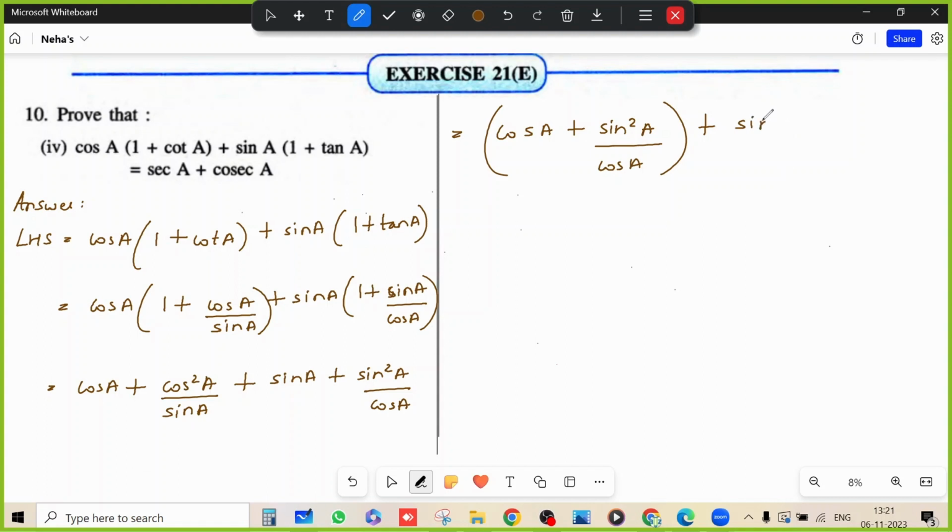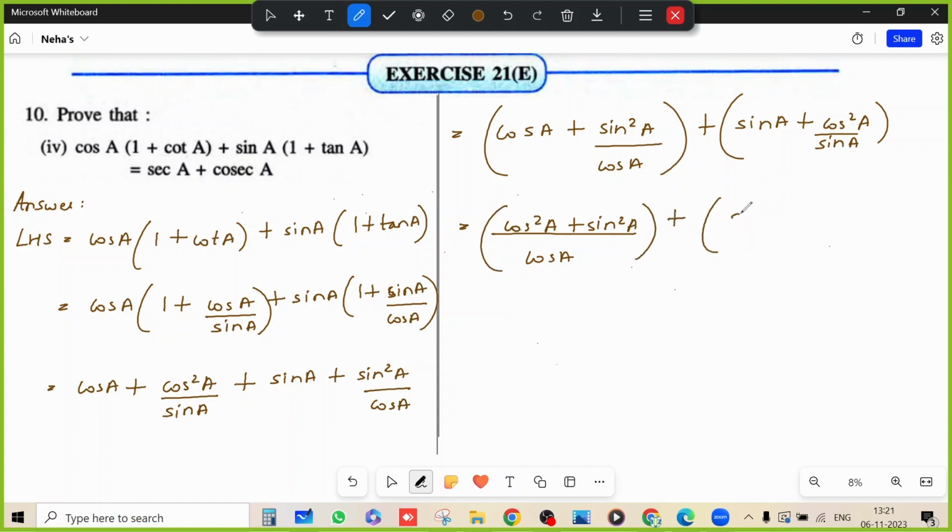This will become sin A plus cos square A divided by sin A. Now, we will find out the LCM. This will become cos A into cos square A plus sin square A plus sin square A plus cos square A divided by sin A.